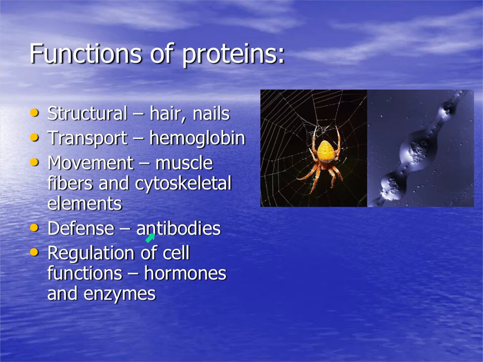And then antibodies. When you get sick, when you get a vaccine, your body produces these antibodies that are proteins. And they stick to these creatures, these bacteria, these viruses. They stick to them, and they don't let that thing go anywhere. And then white blood cells start to digest those bacteria, those viruses, because antibodies are bound to them.